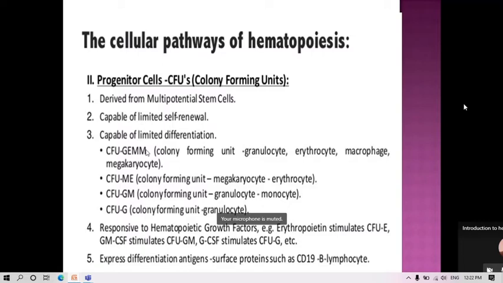And these are the progenitor cells which are responsive to hematopoietic growth factors. Like erythropoietin will stimulate the CFU-E, and in some cases you must have heard that the patient is given GM-CSF, which will stimulate the formation of granulocytes and monocytes.